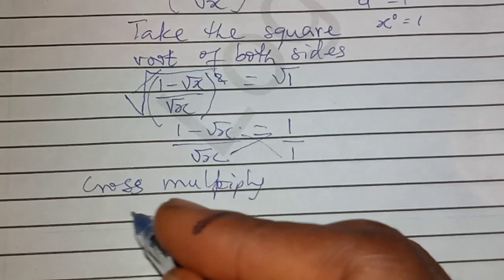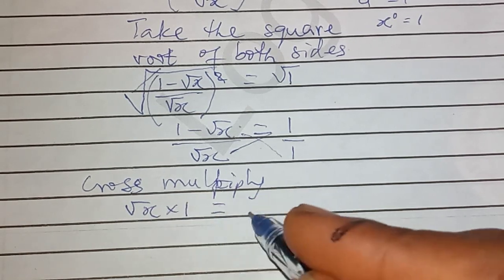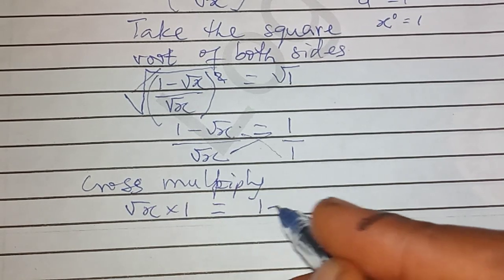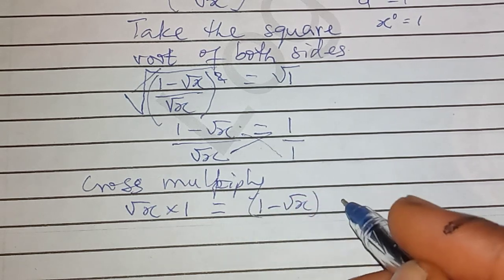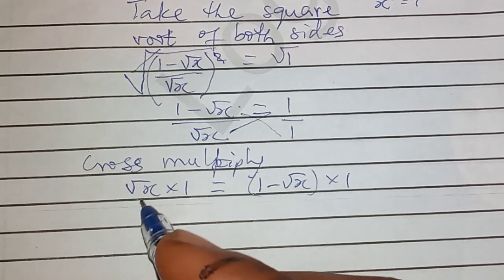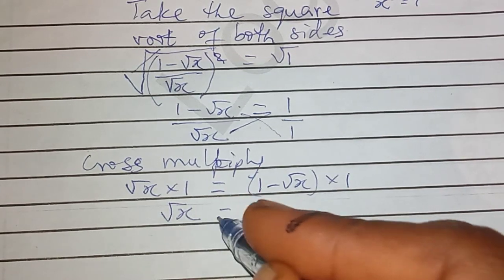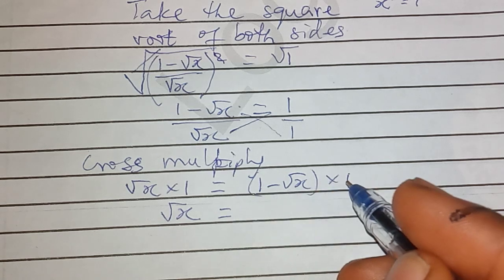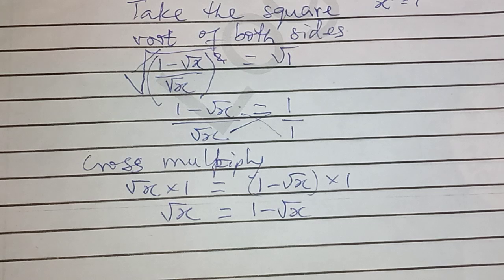So we'll have square root of x times 1 equal to 1 minus square root of x times 1. So square root of x times 1 is square root of x, equal to 1 minus square root of x.